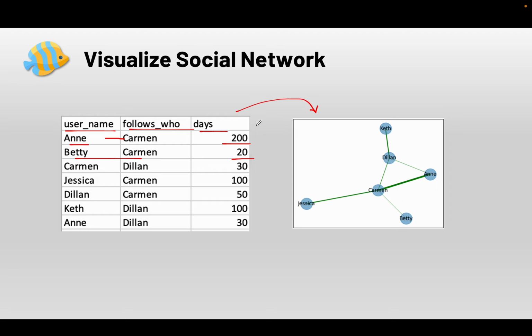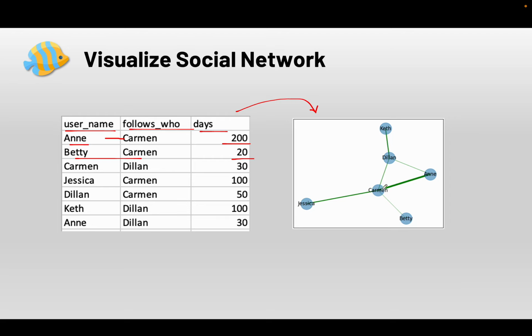What we are going to do today is to transform this CSV file into this social network graph. We have the nodes and we have the edges. The nodes represent users, and the edges represent the connections between the users.